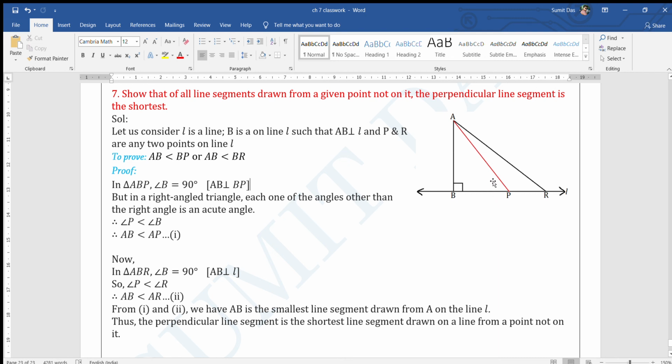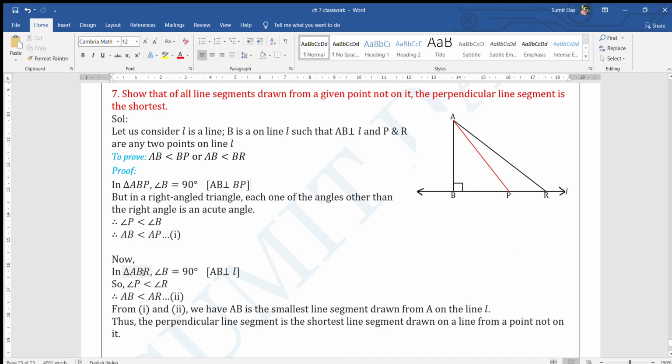Therefore angle P is less than angle B. Obviously angle P will be less than angle B because B is 90, the highest. Now if angle P is less than angle B, what is the opposite side of angle P? AB. That means AB is less than AP. We mark that as number 1.